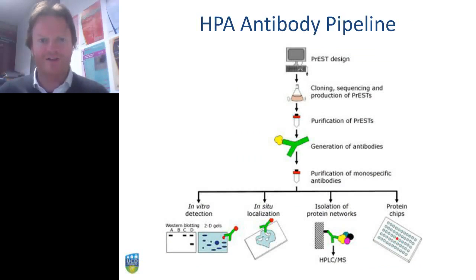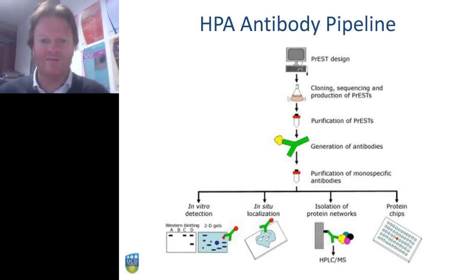So what the Human Protein Atlas do is to design what's known as a protein expression sequence tag, or PrEST, that is a small peptide that is unique for the protein of interest, to allow the generation of a monospecific antibody that can then be used to detect it. And then they go through a series of steps of purifying the PrESTs, expressing the PrESTs, generating antibodies, and then purifying these monospecific antibodies.